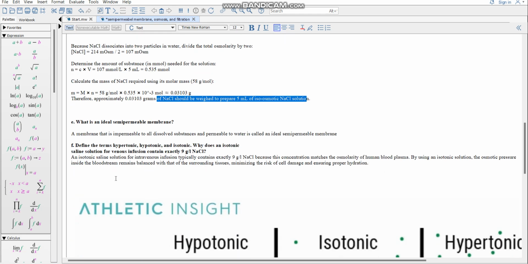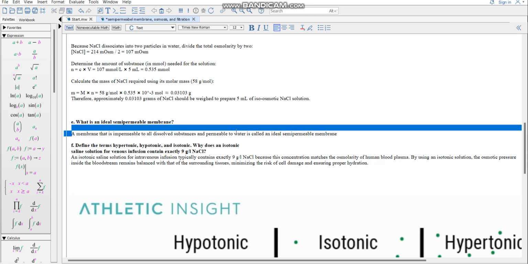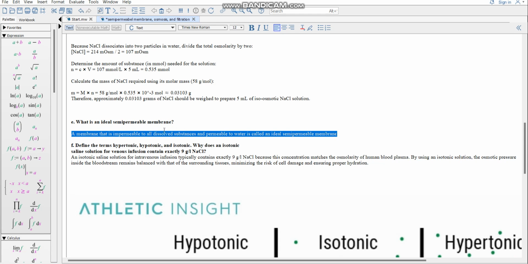Now let's also understand what an ideal semi-permeable membrane is. So this is a membrane that is only permeable for water and impermeable to all dissolved substances.